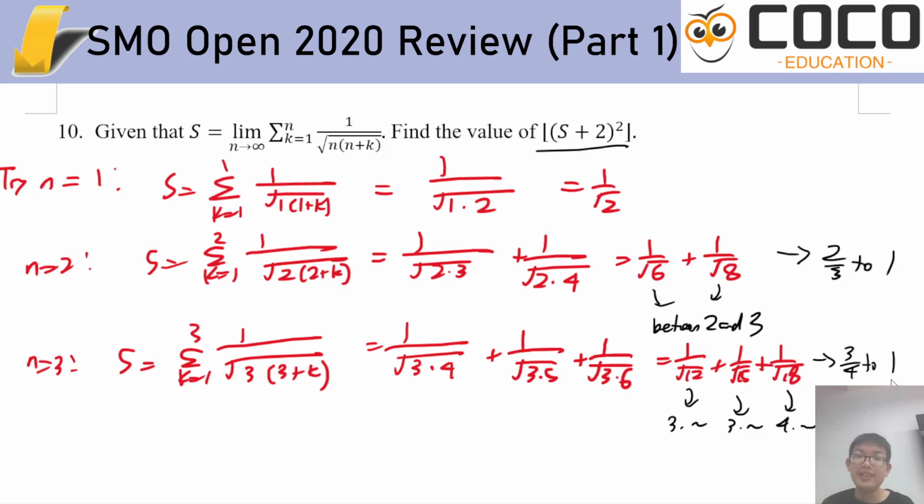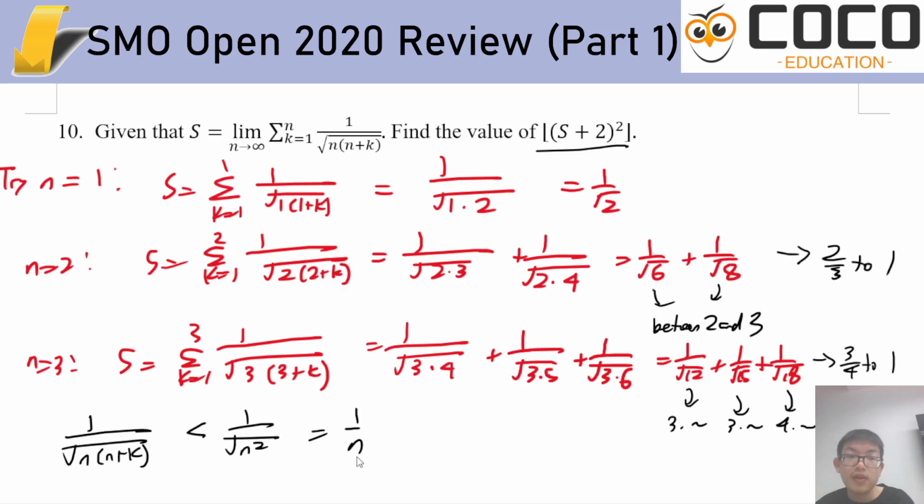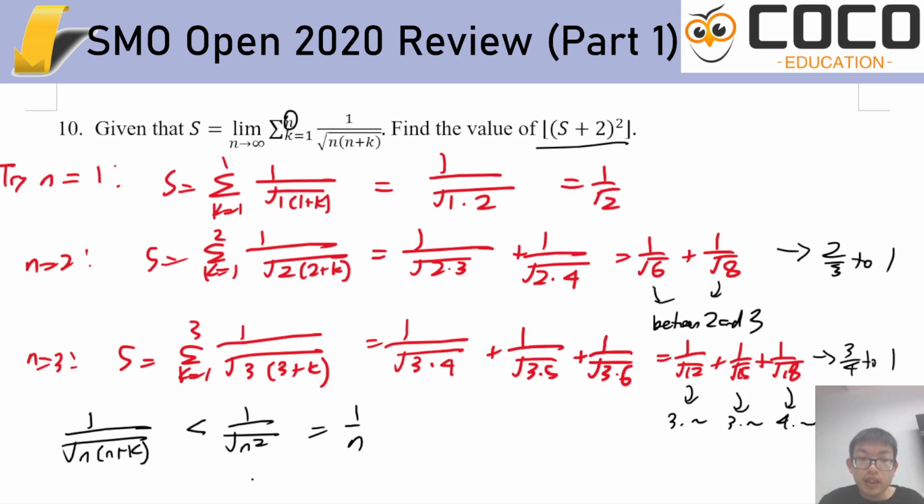At this point, obviously, if we were to look at it, it's very close to 1 but slightly less, and this is going to be true for the most part, right? Because in general, 1 over root n plus k is going to be less than 1 over n. You're multiplying n things that are slightly less than 1 over n. That means that s is less than but close enough to 1.